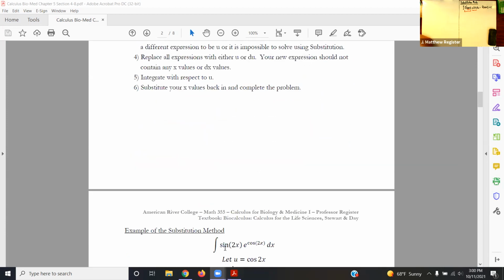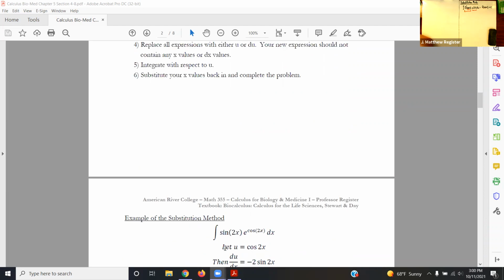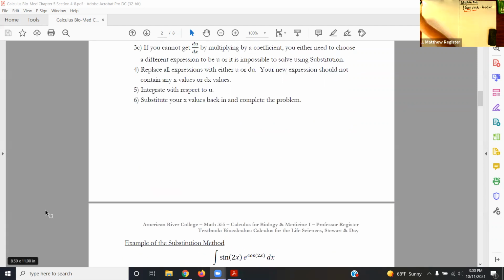Here is a practice problem, which is all worked out here, but let's start and see if we can show all of these steps with this particular example. So the integral of sine of 2x times e to the cosine of 2x dx.